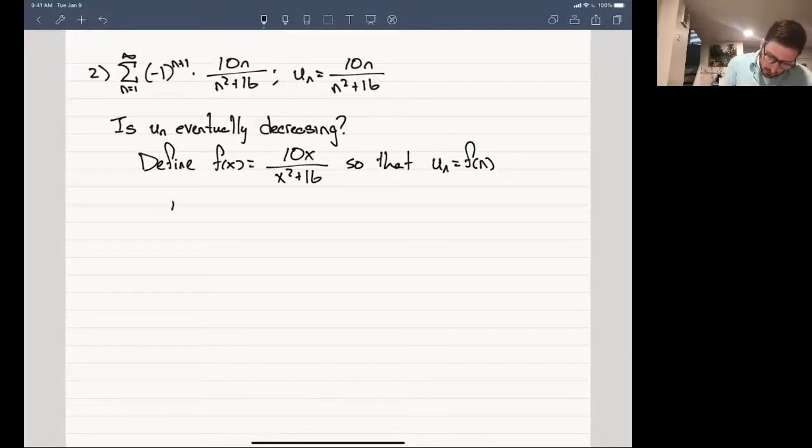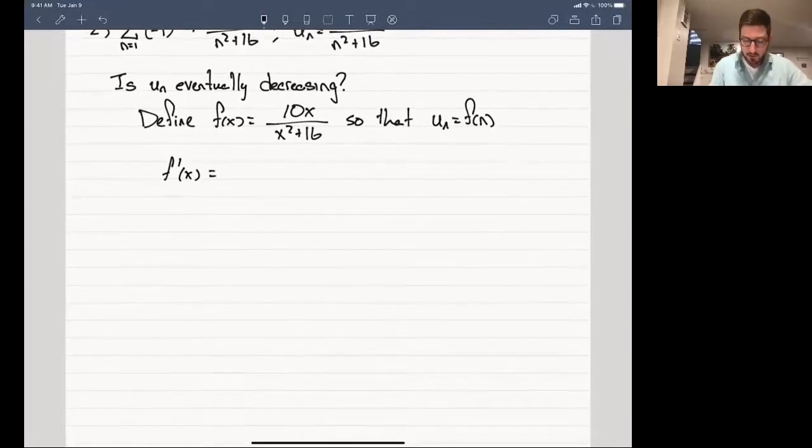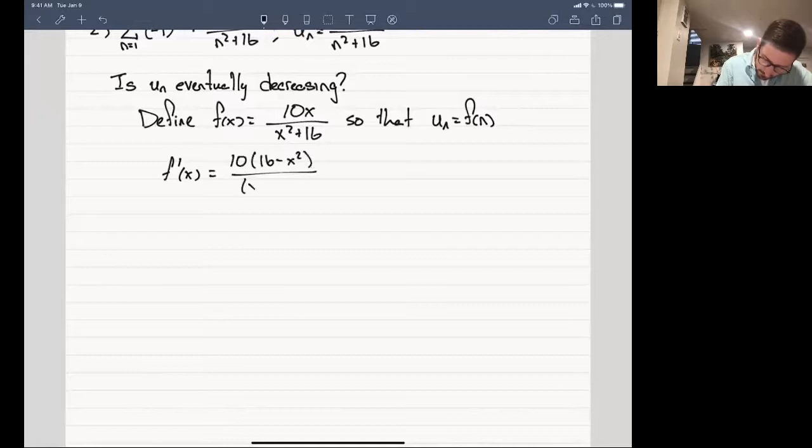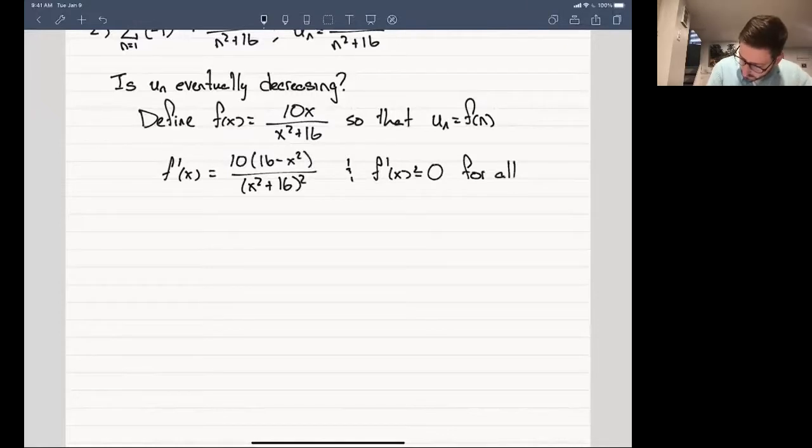So we can use the quotient rule. I hope you haven't forgotten some of your derivative rules here. You can find the derivative of this thing to be 10 times (16 minus x squared) divided by (x squared plus 16) all squared. And you can easily see that f prime of x is less than or equal to 0 for all x greater than or equal to 4.